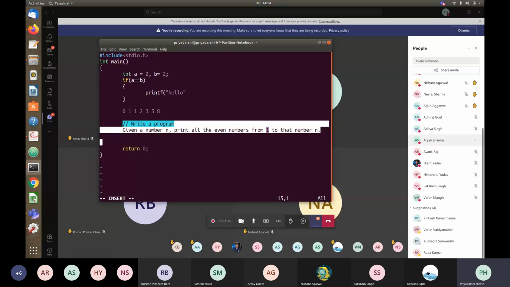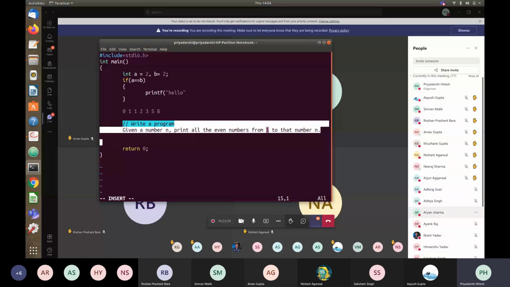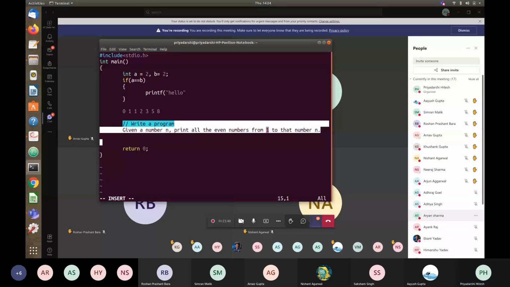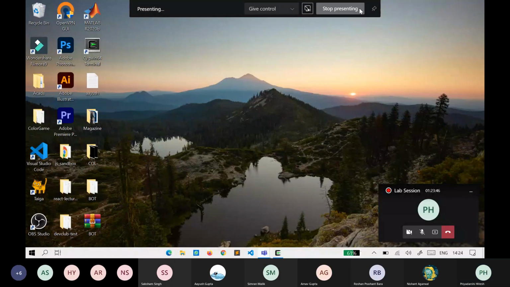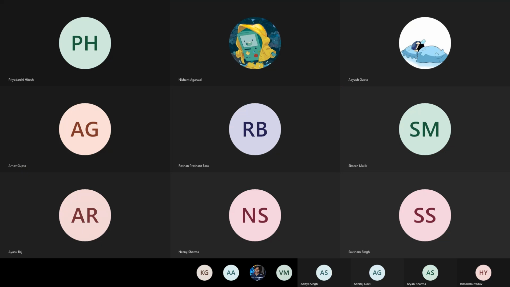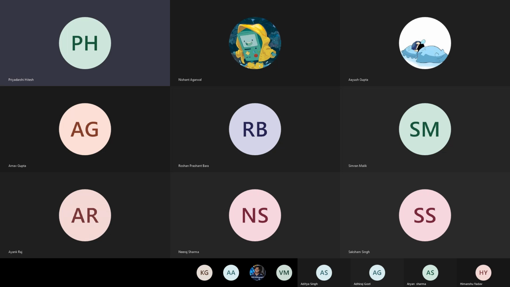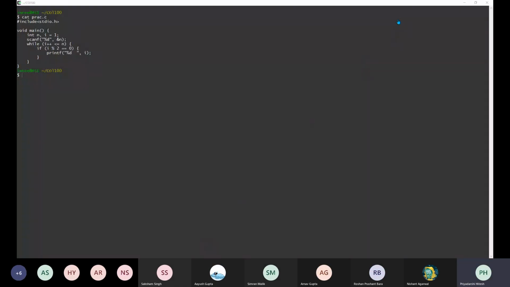You can lower your hand. Maybe somebody could show me. Neeraj Sharma, do you want to share your screen? Show me your program.